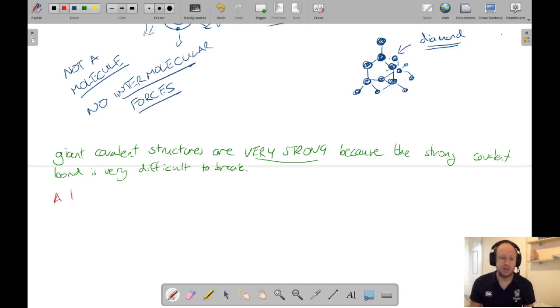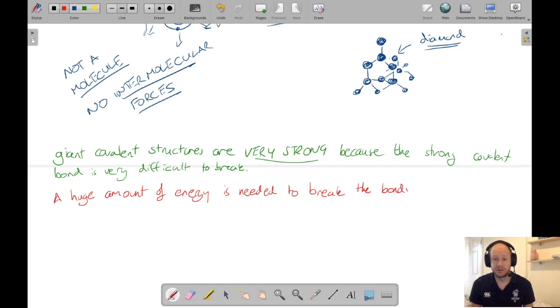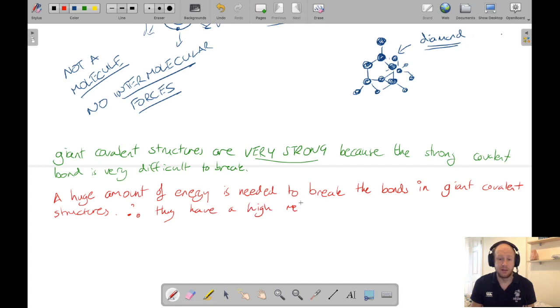So a huge amount of energy is needed to break the bonds in giant covalent structures. So what does this mean? Therefore, they have a high melting and boiling point.